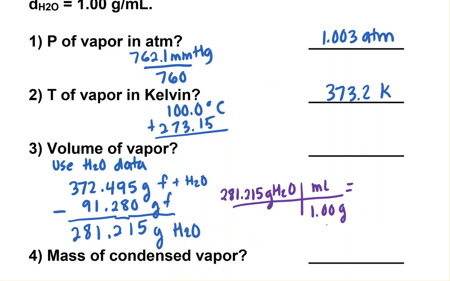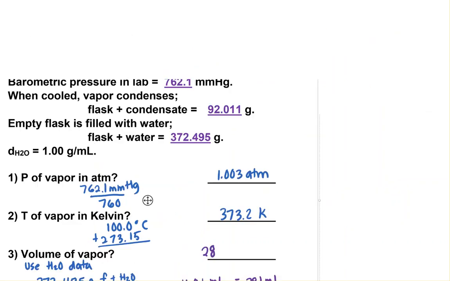This has 6, but this density is not exact. It only has 3. So I'm going to go to 281 milliliters. Or you could keep track of extra digits there if you want to follow them. I'd probably keep them in my calculator. Okay, and so that's the volume of the vapor. The volume of the water equals the volume of the vapor.